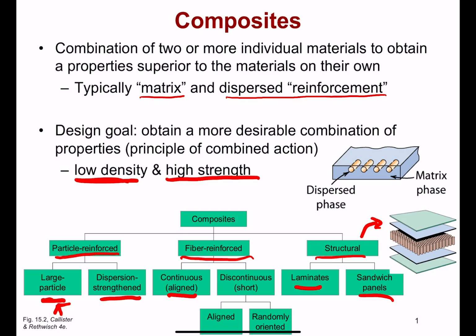And the other category is where there's a discontinuous set of those fibers as a reinforcement. So these would be very short strand, chopped little fibers that are added to the matrix. In that category, there are approaches to align even short strand fibers within the matrix material, depending on processing approaches, or they can be more random in orientation.